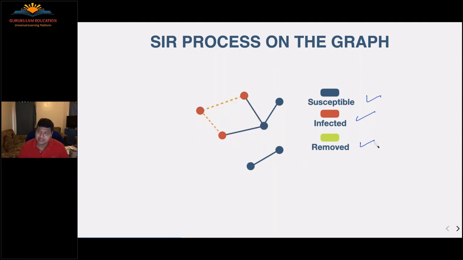Some of the vertices are red at the beginning, some are blue, some are green. And the red vertices, the infected ones, they try to infect their neighbors. So this is initially infected. He infects this guy. And then as soon as he gets infected, he infects somebody else, and so on. And this is how the disease progresses. So that's one possible construction.